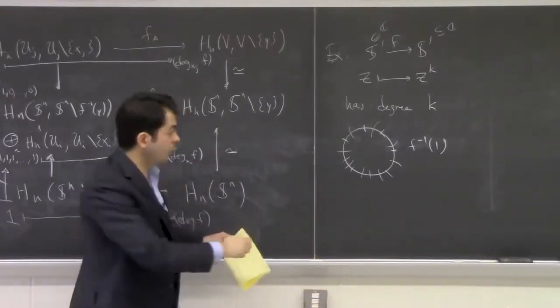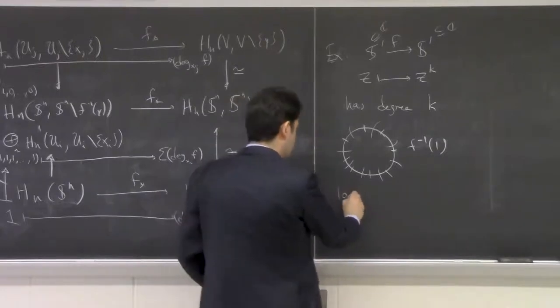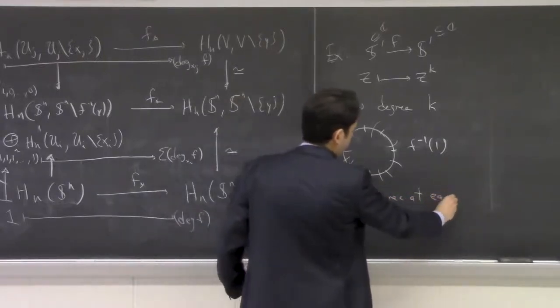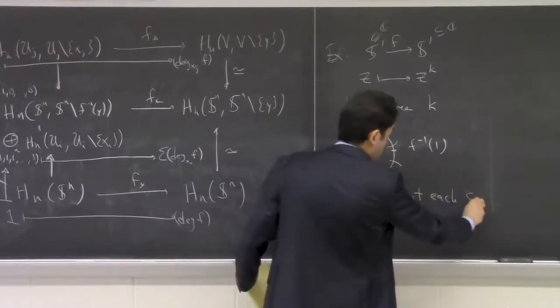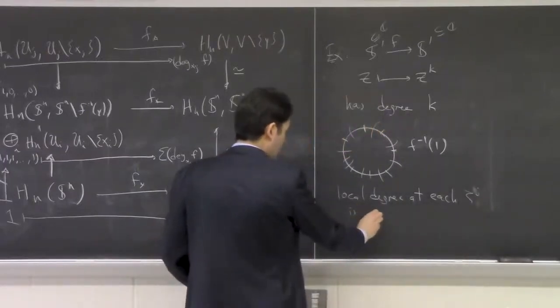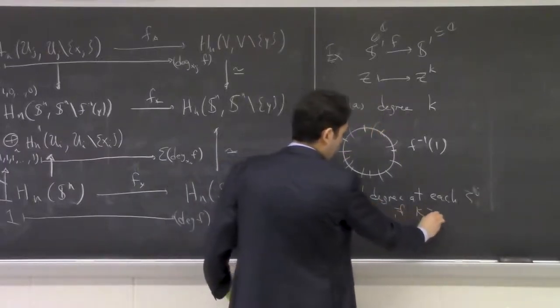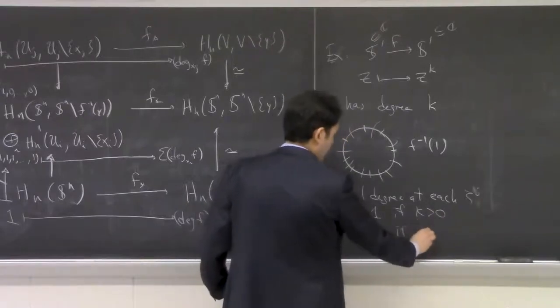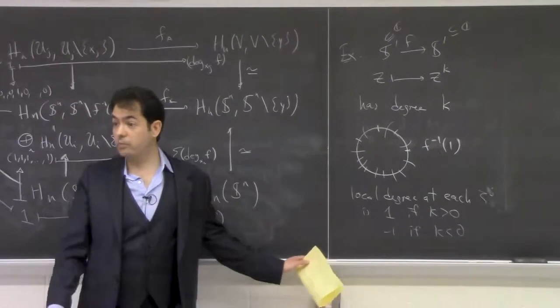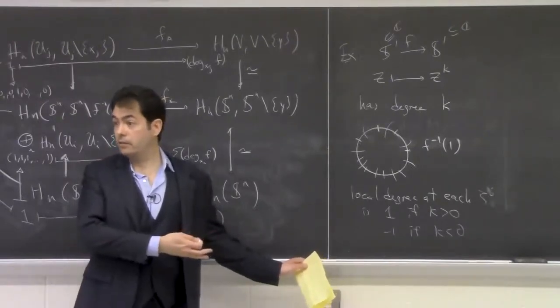So the local degree at each zeta^j is 1 if k is positive and minus 1 if k is negative. And then when you sum them, you get k.